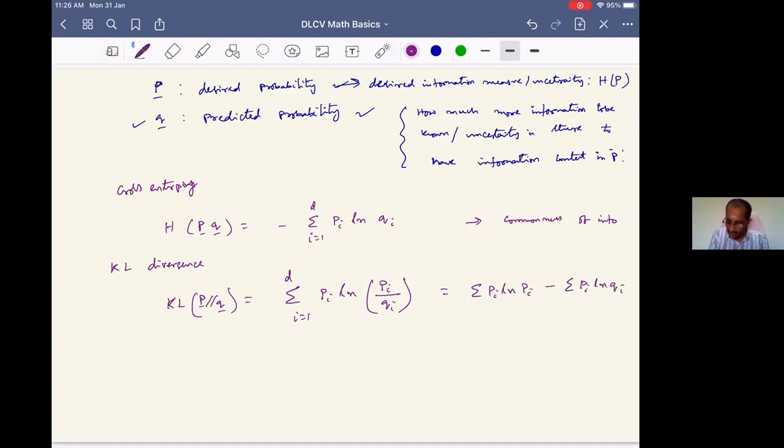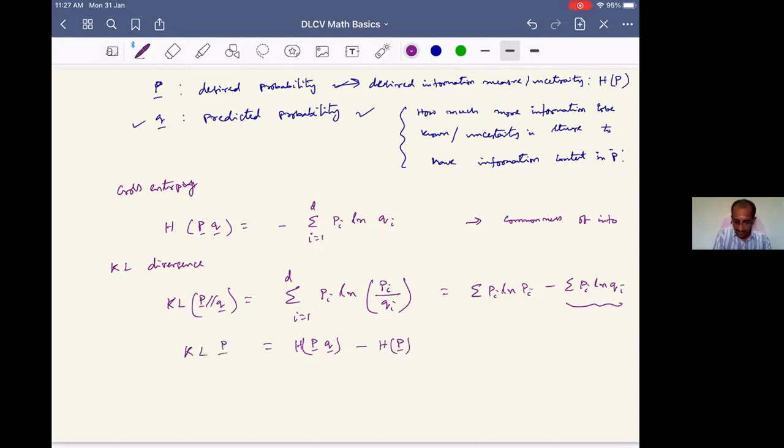The second thing is H(P,Q), minus H(P), because there is a negative sign missing here. So this is what KL-Divergence is.